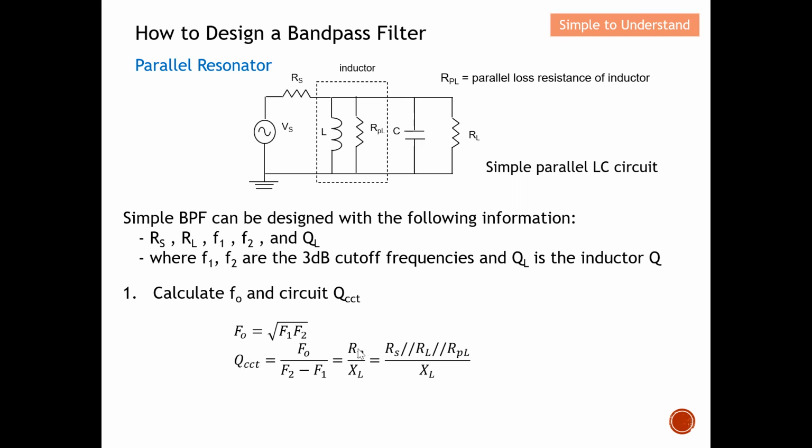The total resistor, in fact, will be all these 3 resistors in parallel. Here, this is the source resistor, this is the parallel loss resistor of the inductor, and this is the load resistor. All these 3 resistors in parallel contribute the total RP. This is how we can calculate the circuit Q.